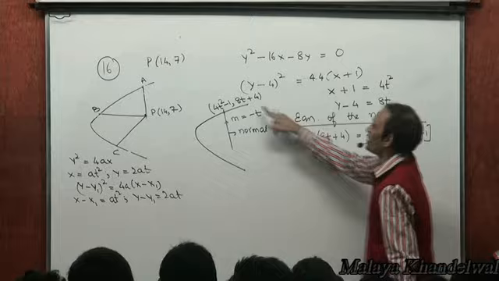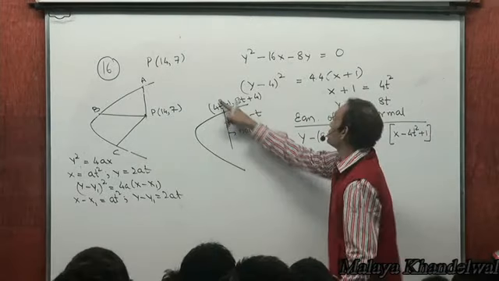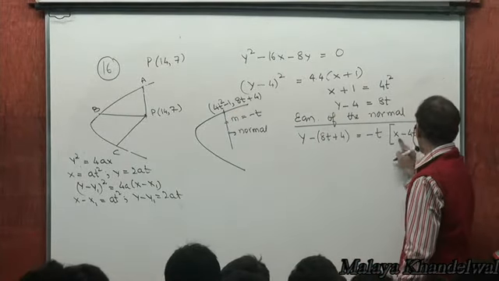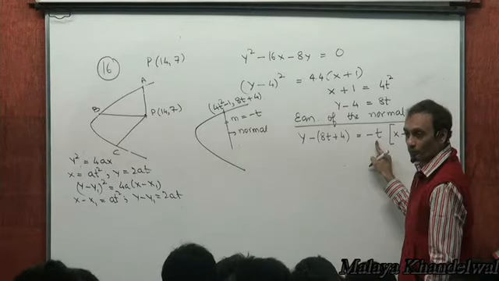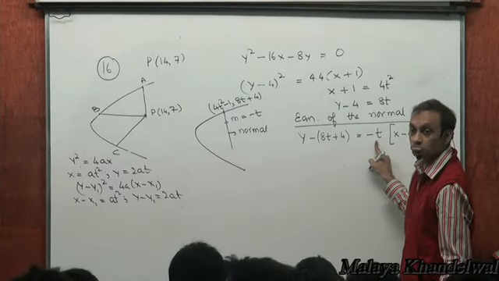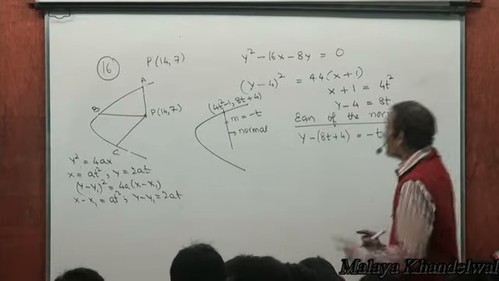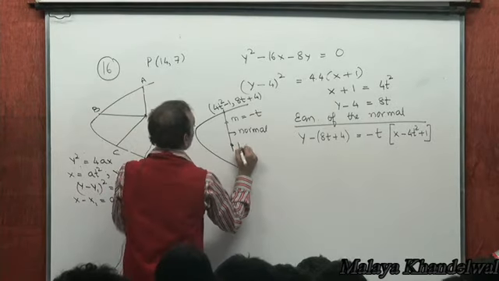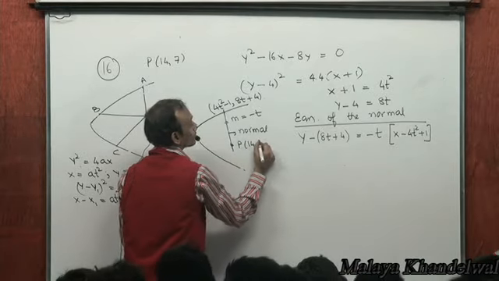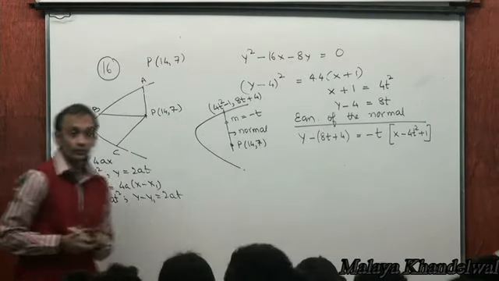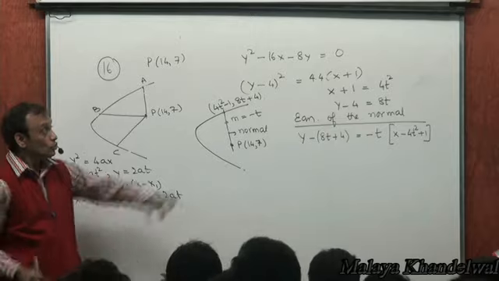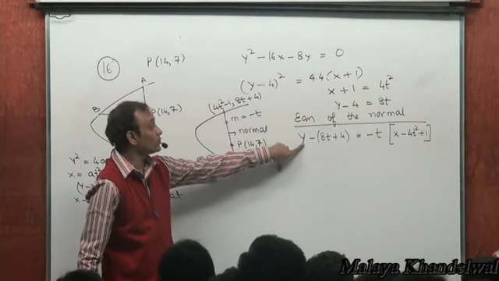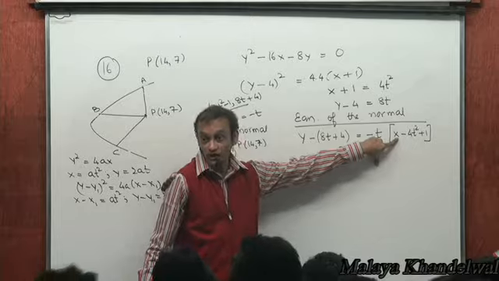Yes or no? Y minus y1 by x minus x1 equal to minus t. Y minus y1 by x minus x1 is slope minus t. Yes or no? But we are actually talking of a normal that passes through a point P (14, 7). Right? So this normal passes through y equal to 7 and x equal to 14.